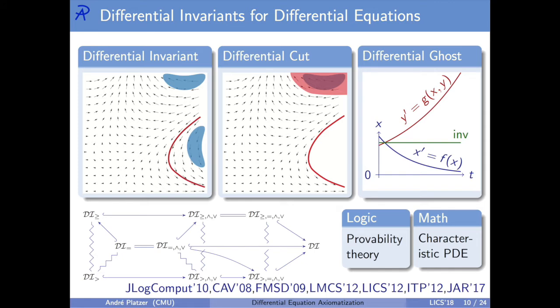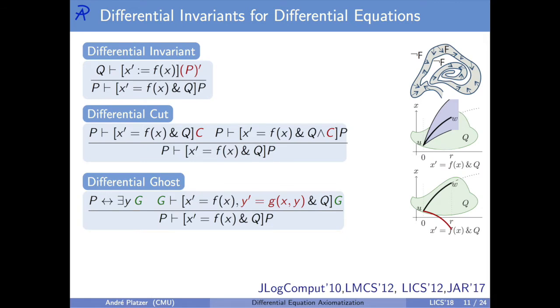And we'll see in the rest of the construction why, even if that's the canonical place to look for, in other circumstances, these principles are also super useful. Good, enough pictures. Here's the proof rule. Differential invariant proof rule just says that if I am in P in the beginning, and I want to show that I am in P still, when I follow a differential equation, x prime equals f of x, within the evolution domain constrained region Q, so some first order arithmetic that tells me, this system cannot leave Q by definition.